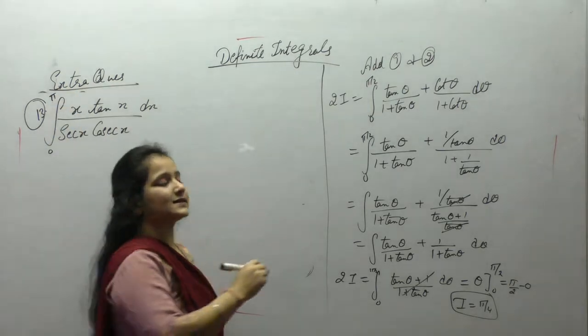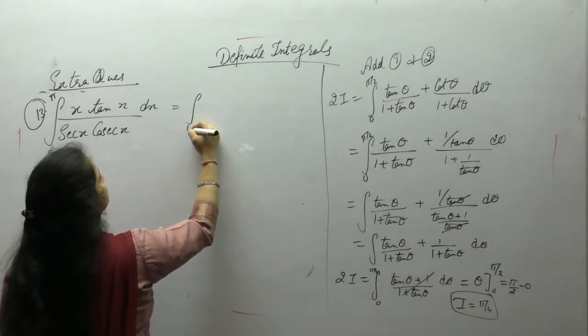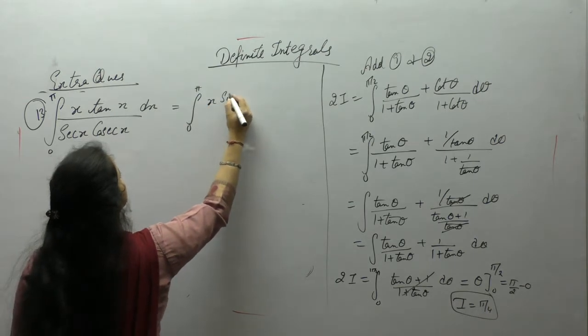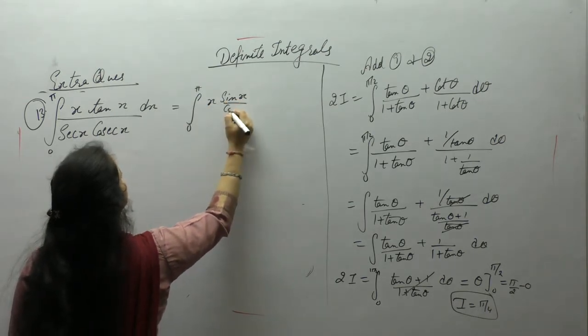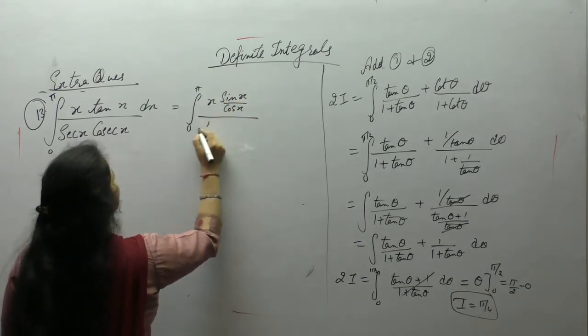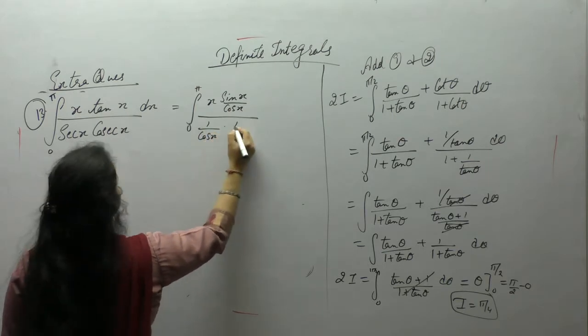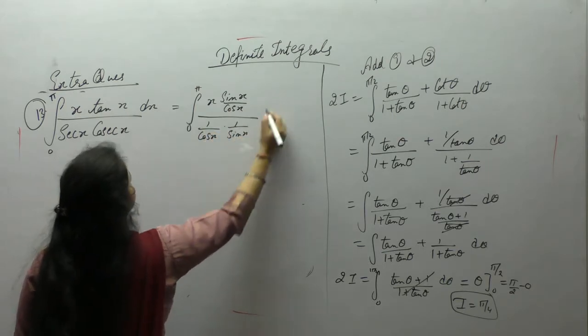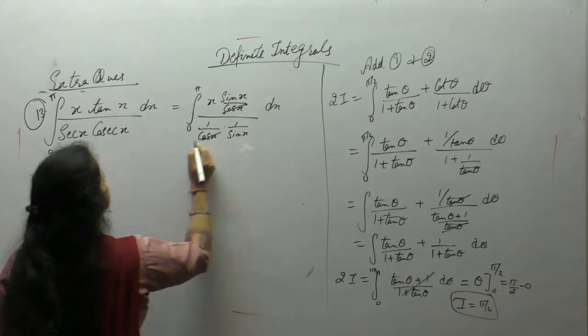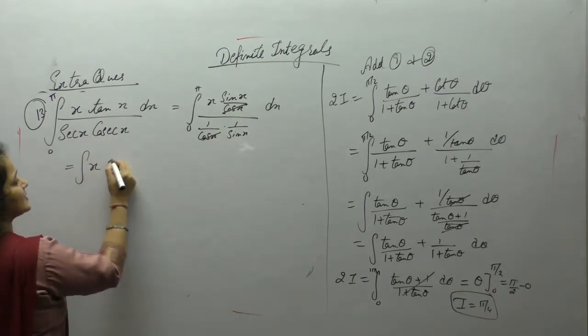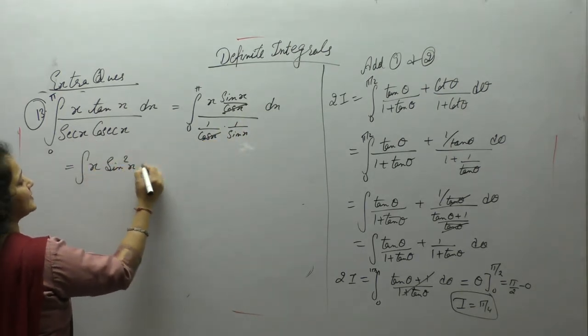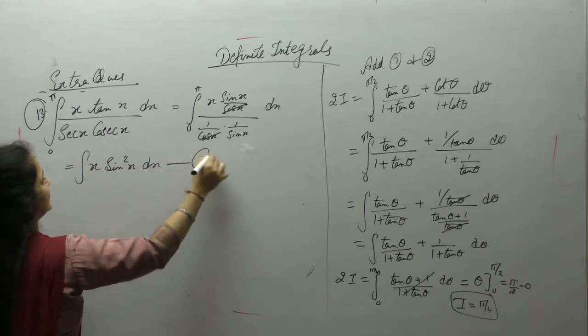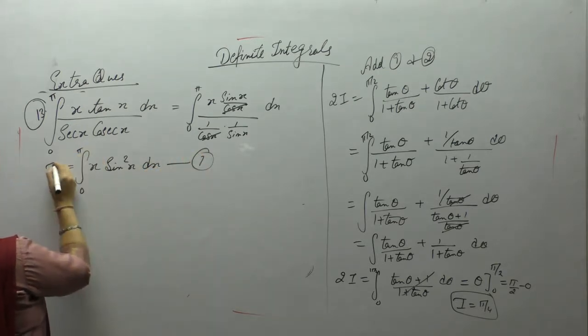Write tan as sin upon cos. Sec is 1 upon cos and cosec is 1 upon sin. X sin square x dx, let it be I.